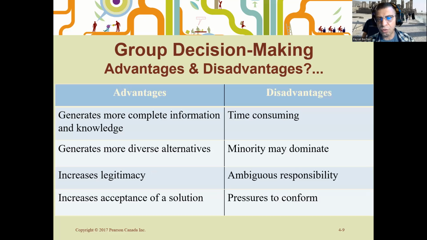The advantage of group decision making is that it usually generates more complete information and knowledge, and more diverse alternatives, different solutions. It becomes more legitimate because everybody is involved in making that decision, and it increases the acceptance of a solution.